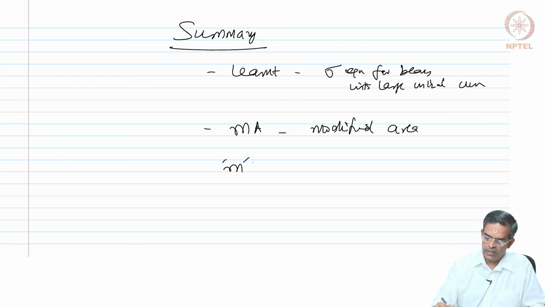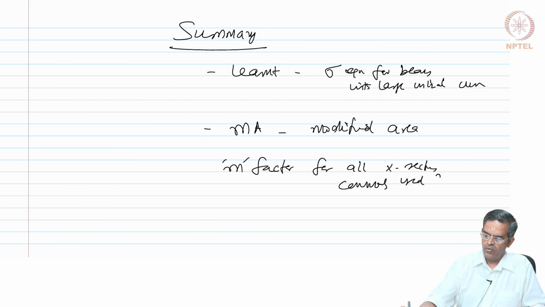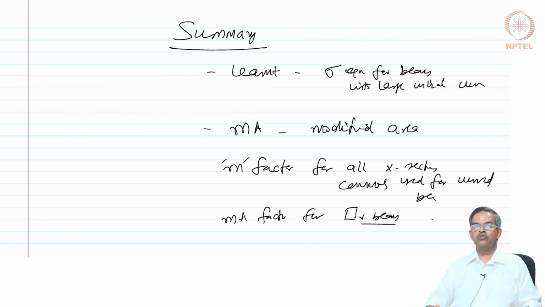So we need to find this M factor for all cross sections which are commonly used for curved beams. So we found out this MA factor for a rectangular beam. We also showed how the stress equation for curved beams converges to a straight beam when r, the radius of curvature, becomes infinity. Okay?